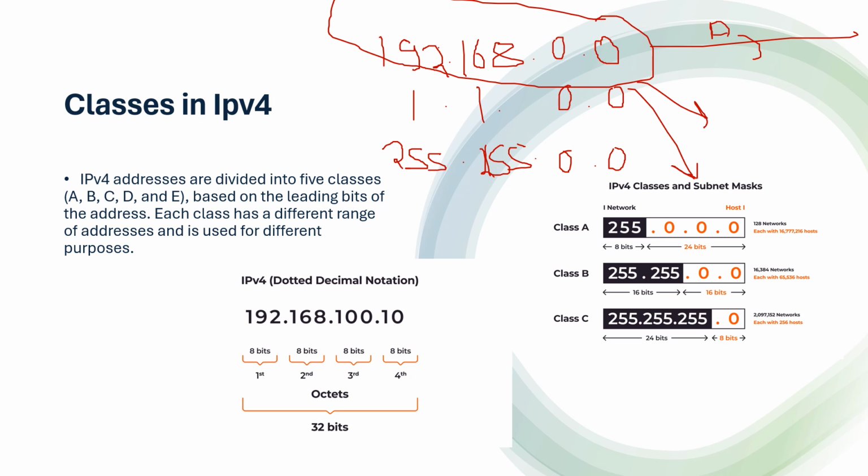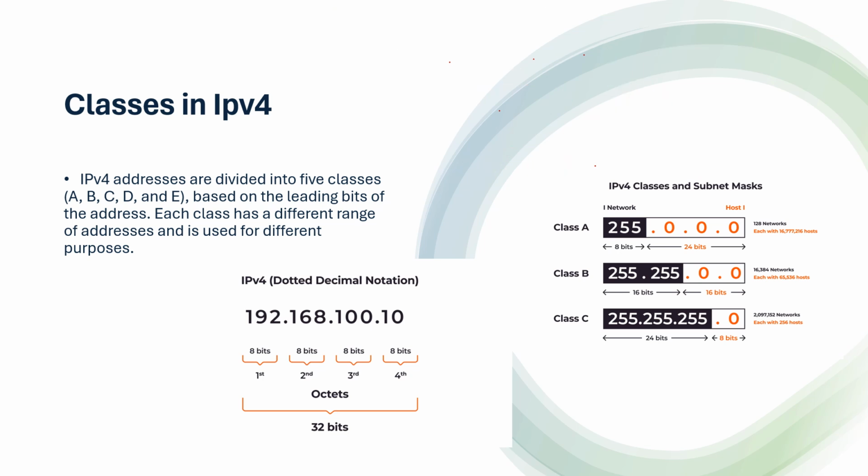Host A can be given 192.168.1.0. Similarly, B and C will get 192.168.2.0 and 192.168.3.0 respectively.